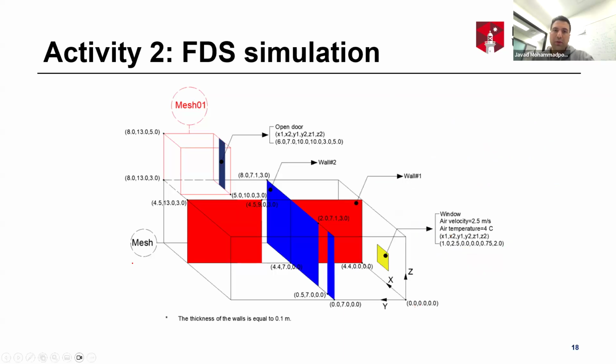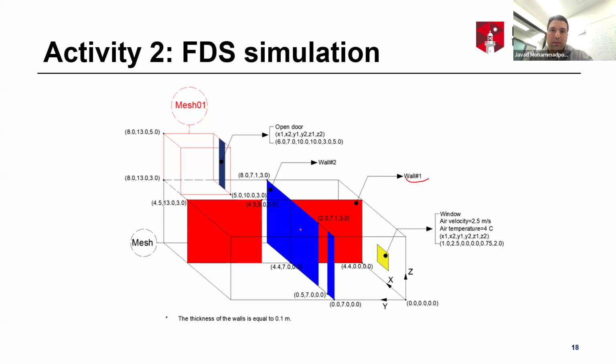For example, if you are defining the red wall, wall 1, it means that this point is your minimum, and the opposite corner is the next point.